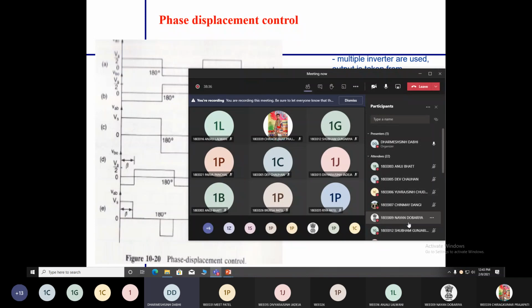Then I ask you the question, 9 number. Give me the answer quickly. Yes, sir. What yes, sir? Give me the answer. You understand all these things, the PWM techniques? You said yes, that's why I asked you the question. You all understood, so I asked you this question. 9 number.